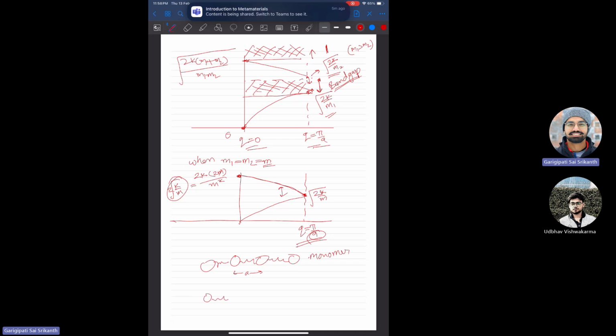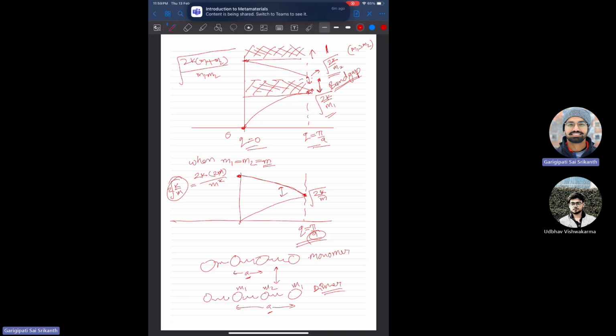Now that we have a dimer, and this was, let's say, M1, and then this was M2, we're calling this A. But this is a dimer, and in the case when M1 is equal to M2, everything is the same, but the definition of A has changed.